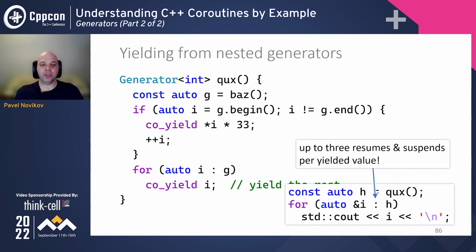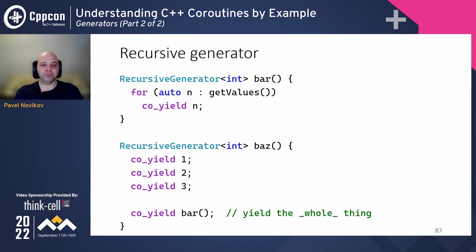This is inefficient, and as you know, we want our implementation to follow the zero overhead principle, and for that we have recursive generators. So using recursive generators, we can write the code like this.